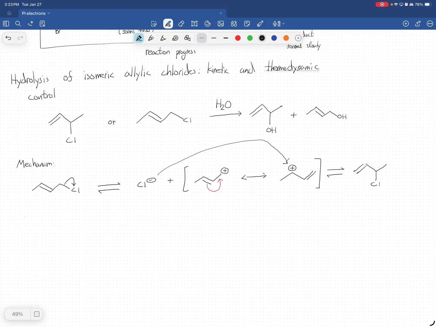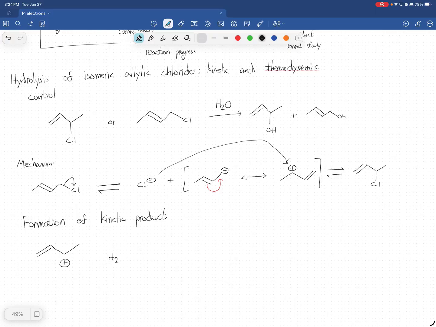But let's talk about how we form the kinetic product and the thermodynamic product. Formation of the kinetic product. So we have the carbocation.